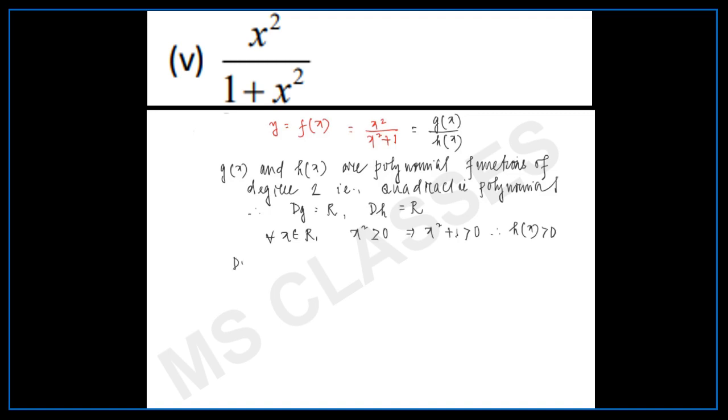So by the algebra of functions, the domain of g intersection domain of h minus those values of x for which h(x) is 0. Here there is no value of x for which h(x) is 0, so we get R. So the domain of f, the largest possible domain, is R.